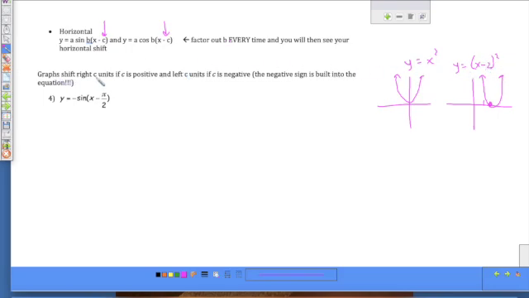So the graph will shift right c units if c is positive, and left c units if c is negative. Now remember, the negative sign is built in. So this is like x minus a positive 2. So that's why it's going to the right, because c is technically a positive number, because the negative sign is built into the problem.